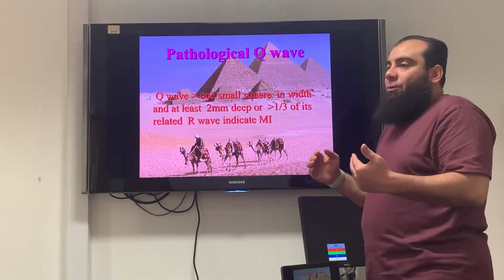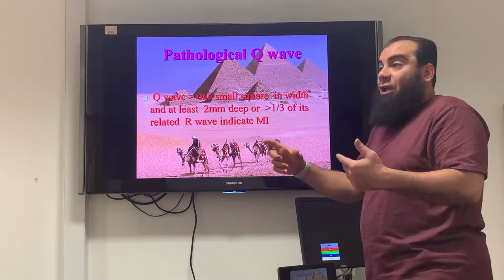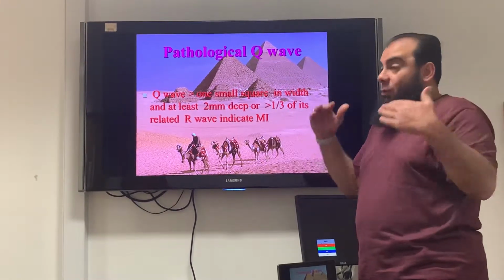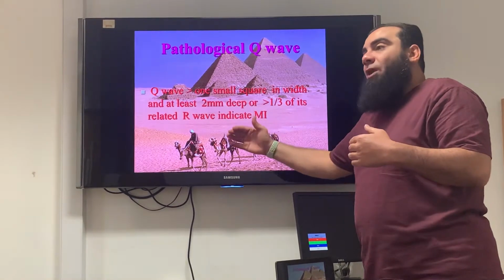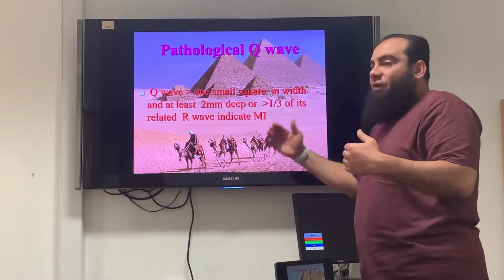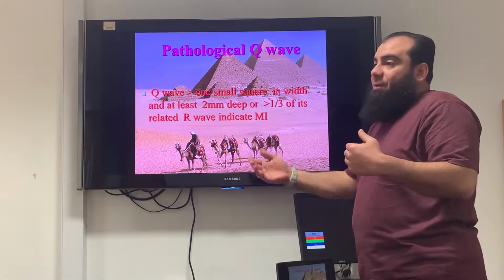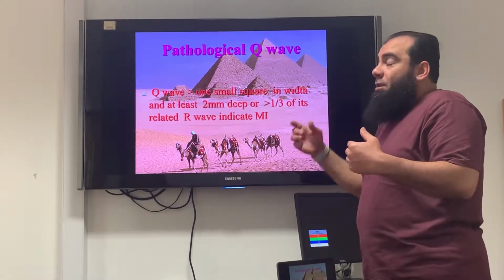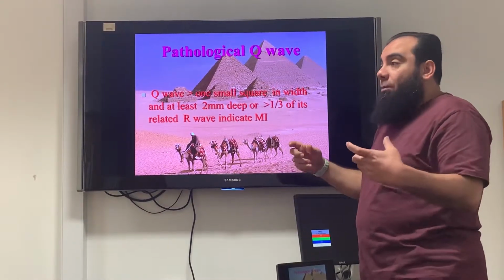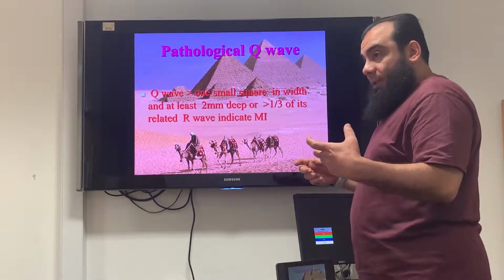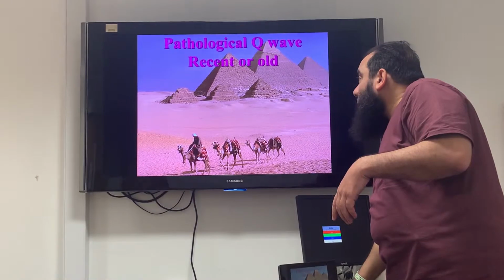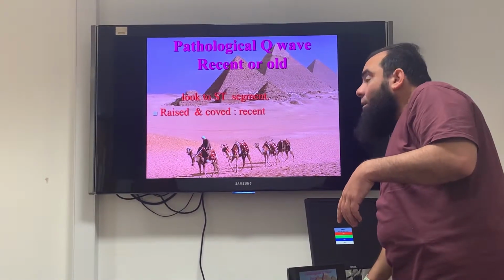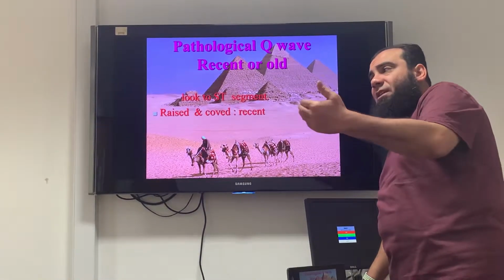How can we differentiate between a recent Q wave and an old Q wave? The presence of a Q wave means the MI has been going on for some time, and that patient might not be valid for primary PCI or thrombolysis. But is that a new MI or an old MI? It's important, yes. Simply, in a recent MI, the patient will have an ST elevation, and after that will develop a Q wave.